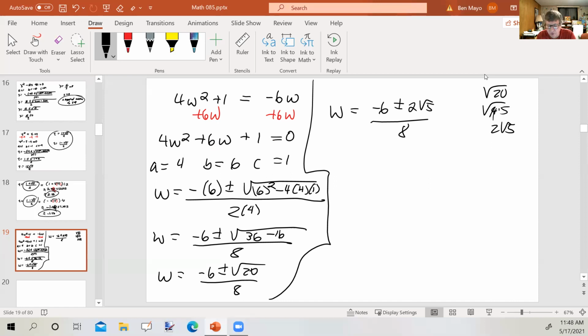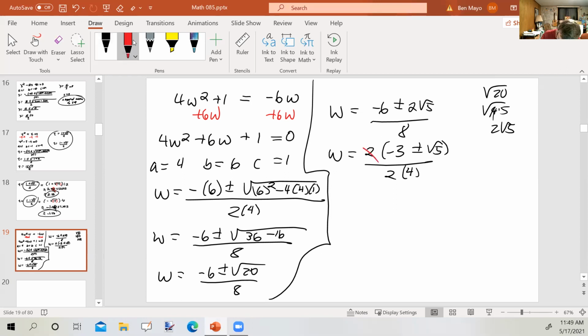Now, if I can reduce these answers, I should do so. If all the terms on the top and the term on the bottom have a common factor that I can pull out and reduce, I will. They're all even, so here's what I'm going to do. I'm going to factor out a 2 on the top and on the bottom. Okay, so I took a 2 out of the top and out of the bottom. Then I can reduce those down.